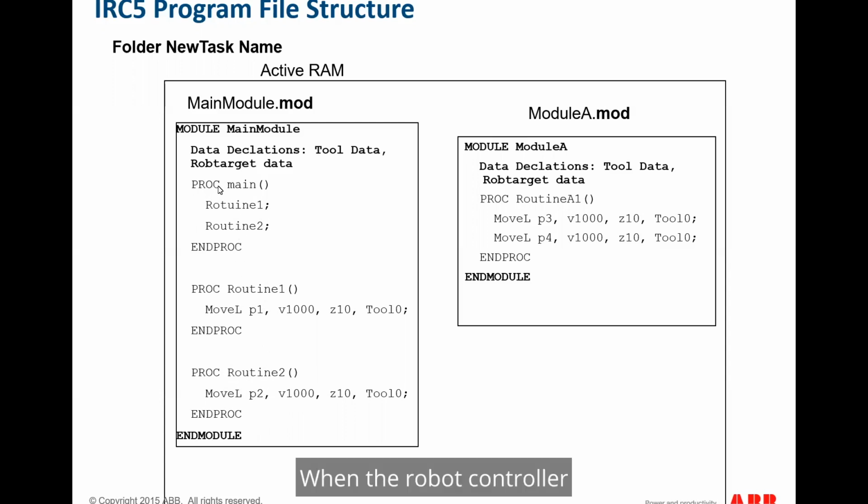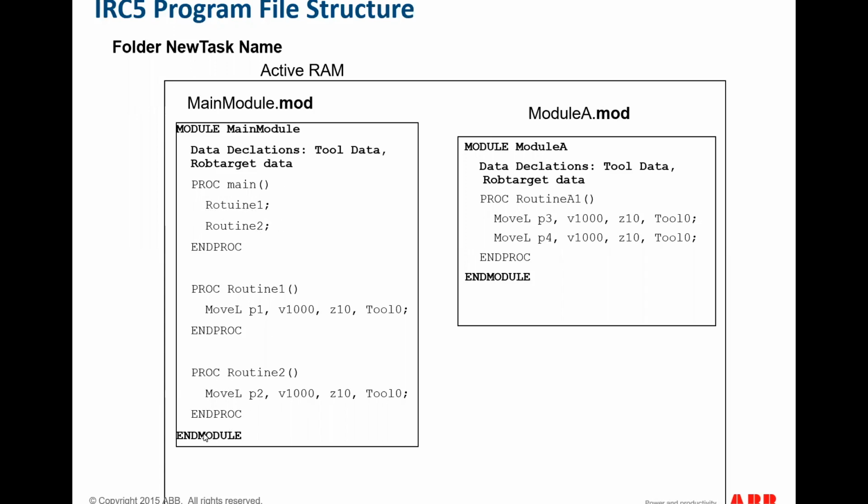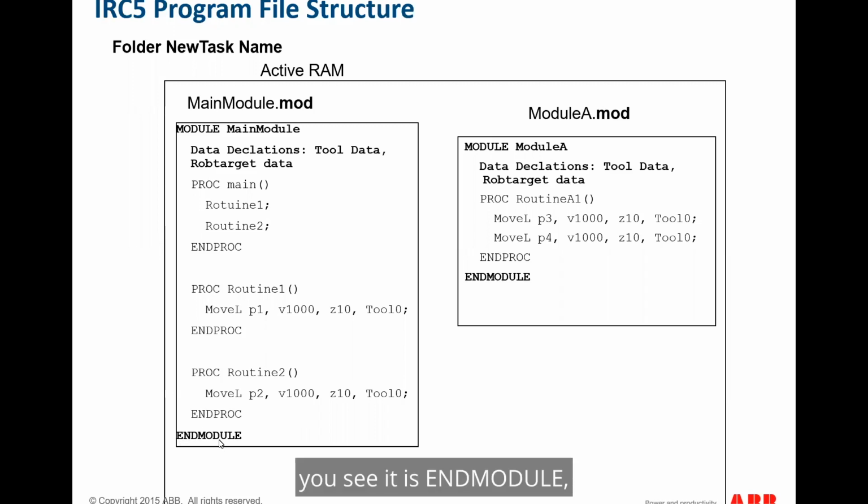When the robot controller tries to execute the program, it will first follow routine 1. After finishing routine 1, we'll go to routine 2. And in the end, you see, it is the end module.